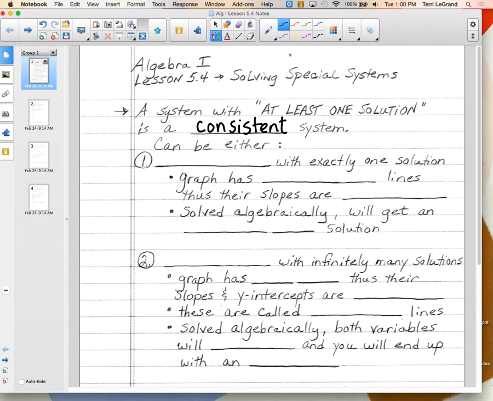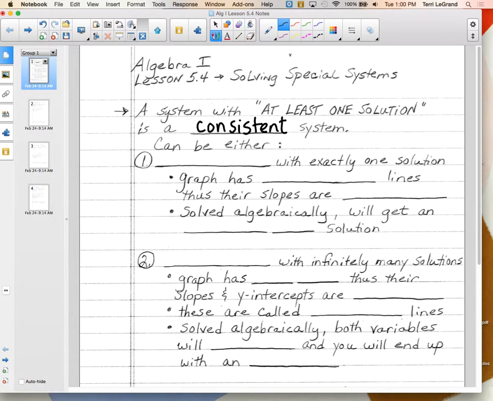And notice what it said, with at least one solution. Well, that means we have the intersecting lines, where there's one solution, that's at least one. Or we have the lines on top of each other where there are many, many, many ordered pairs. So we have two situations that can be considered consistent.